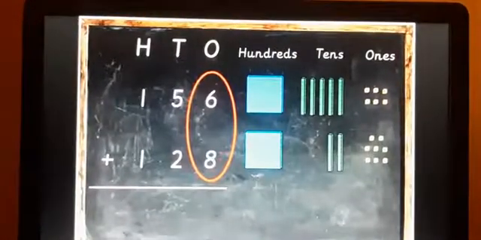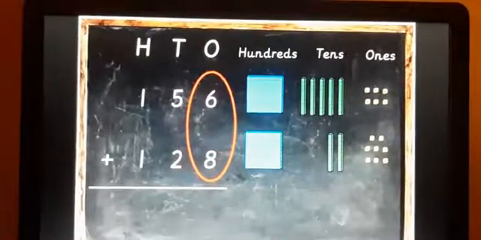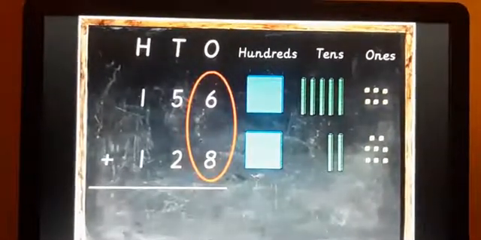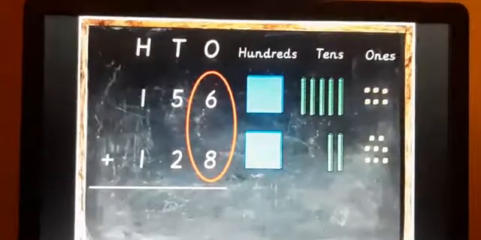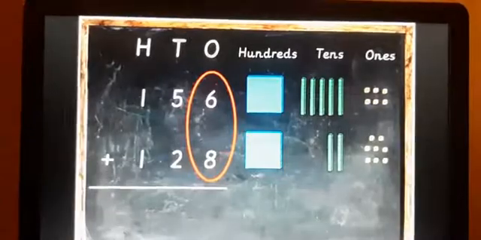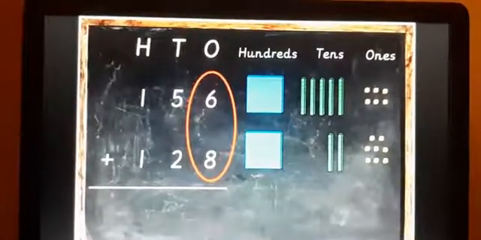When you are reading, 156, you read from the left. But when you are doing the calculations and writing in the book, you write ones, tens, hundreds, from the right side. And the calculation is also done from the right side, from the ones place.